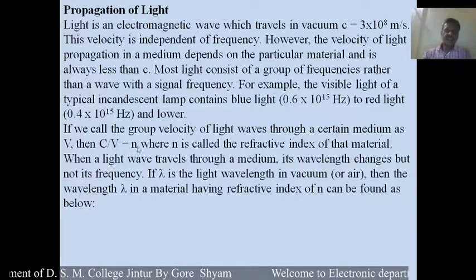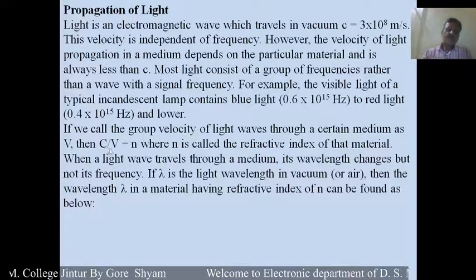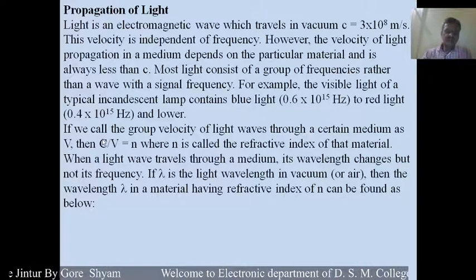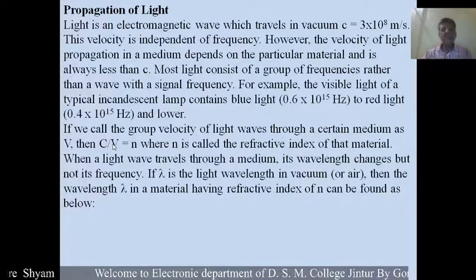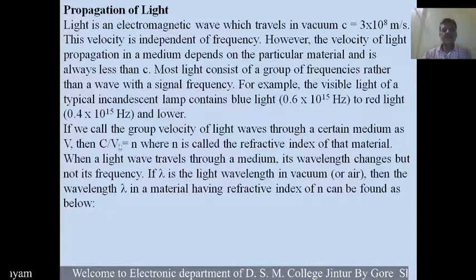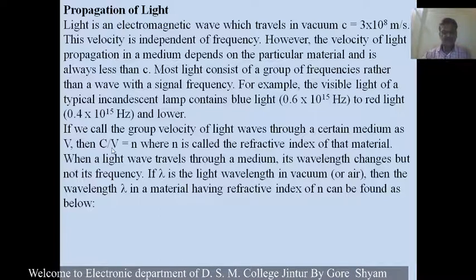Here n is nothing but the refractive index, c is the velocity of light in the vacuum, and v is the velocity of light in the medium. This ratio of the velocity of light in the vacuum to the velocity of light in the medium denotes the refractive index.